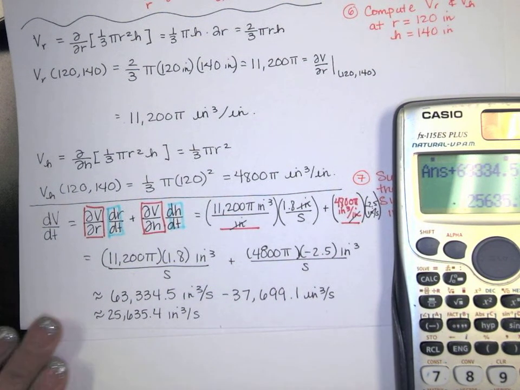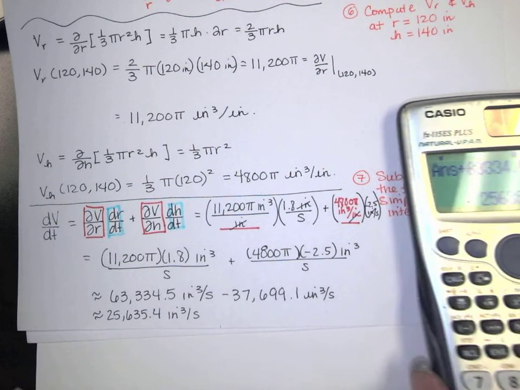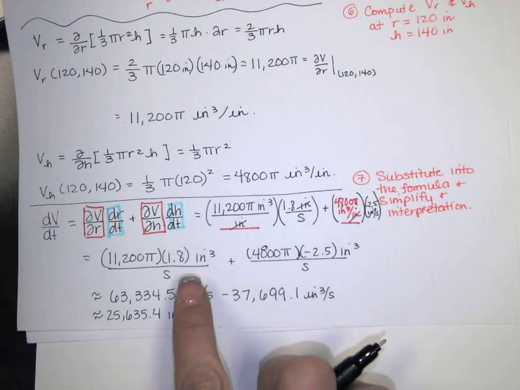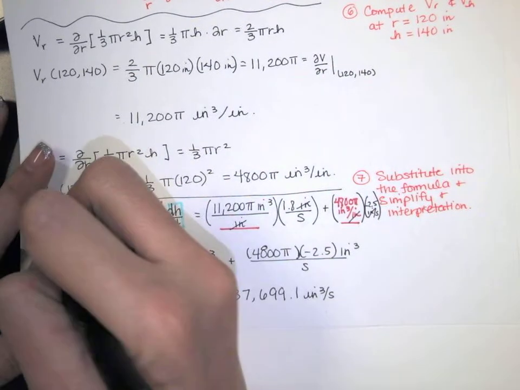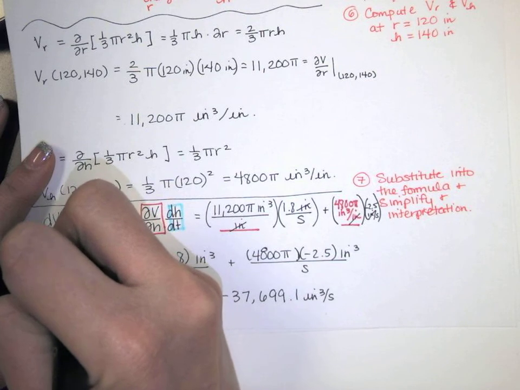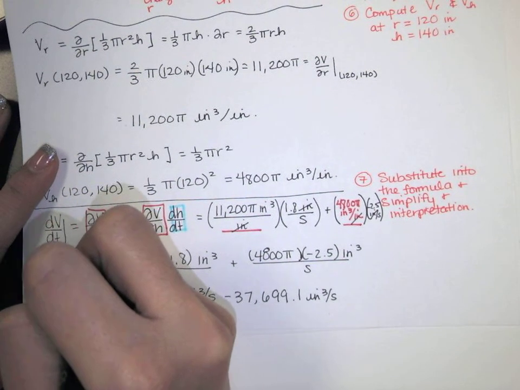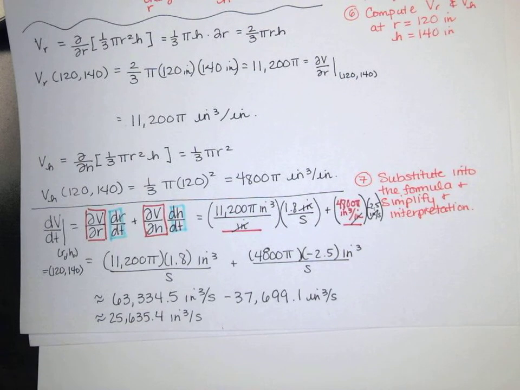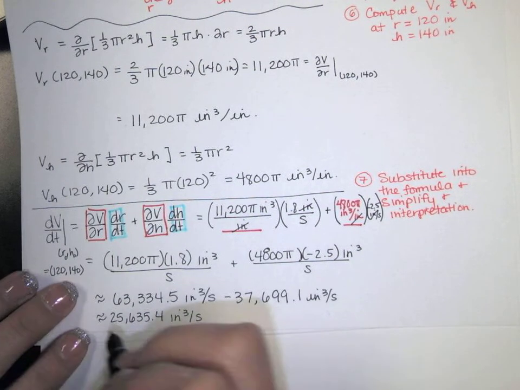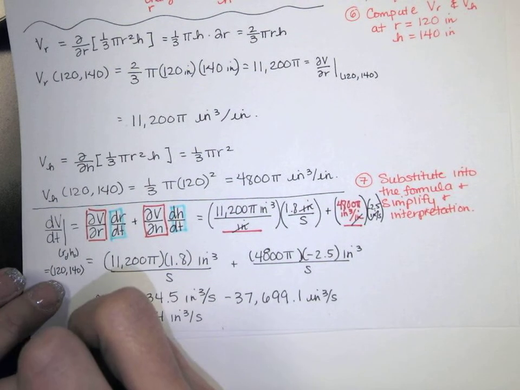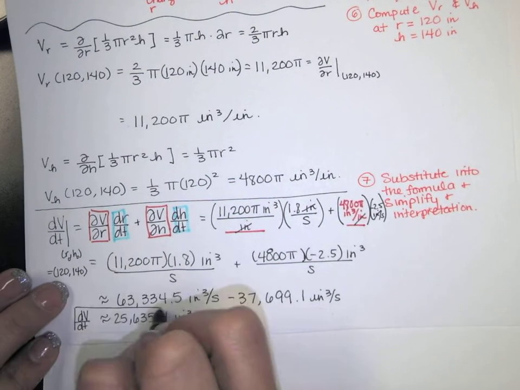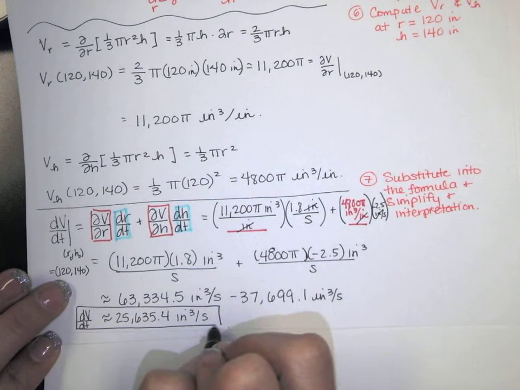That's our change in volume with respect to time due to changes in the radius and height at a particular value of r and h, when r is 120 inches and the height is 140 inches. So we've answered their question.